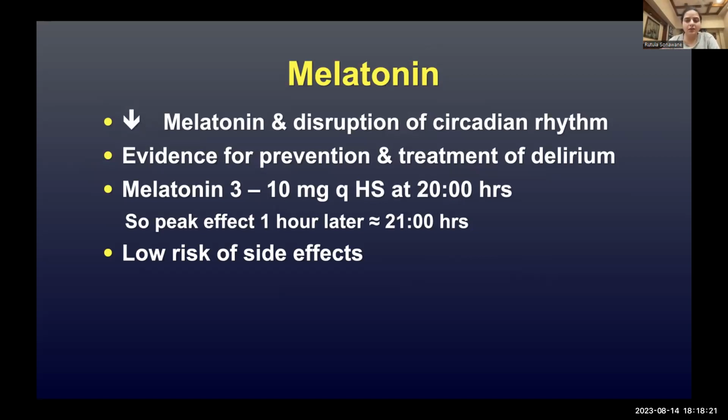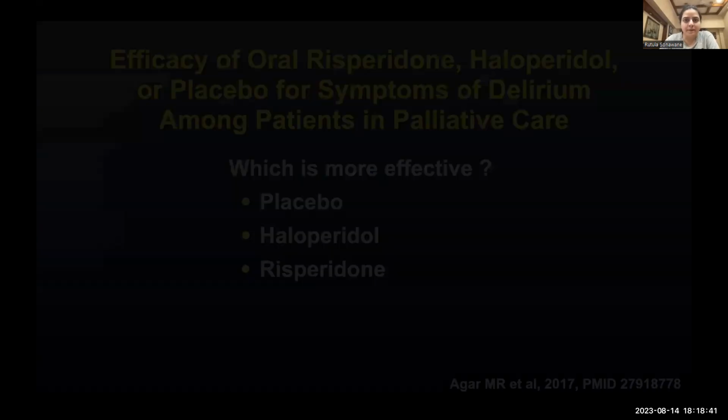It needs to be given at least 2 to 3 hours before you go off to sleep. So if you're going to sleep at around 10 o'clock, then it needs to be given at around 7 to 8 o'clock in the evening. Not many side effects are associated with it, so it's pretty safe to give to patients.